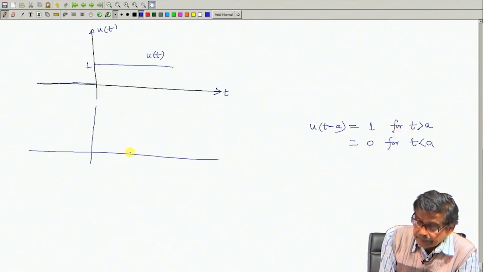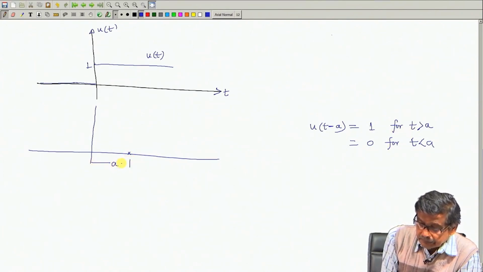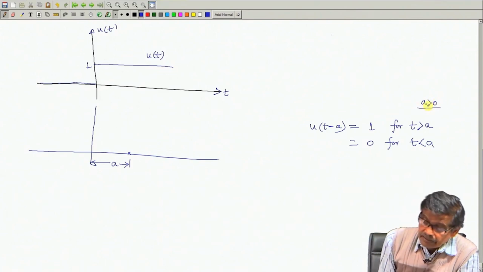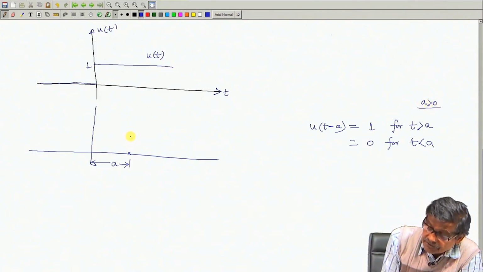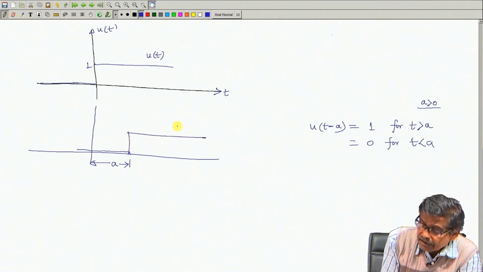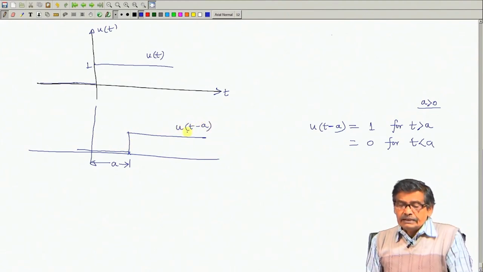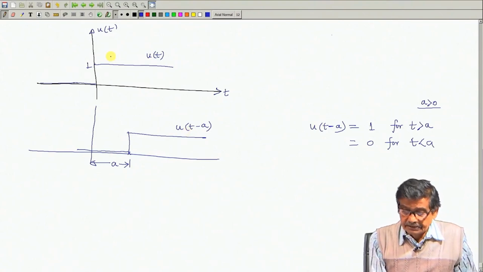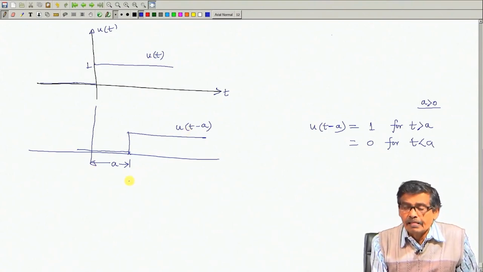If a is a positive number greater than 0, then your unit step function will look like this one, and I will write it as u(t minus a). That is, this unit step function gets shifted by an amount a.